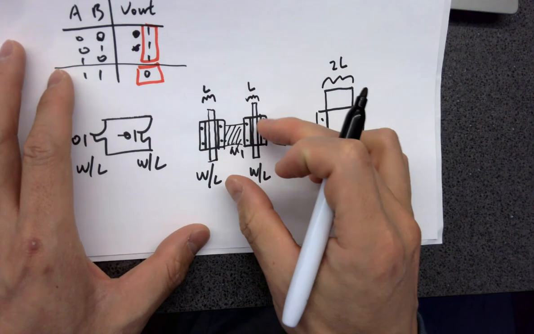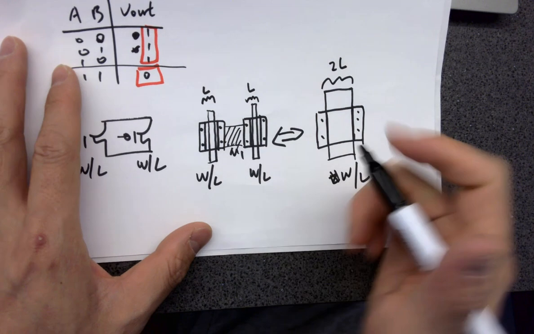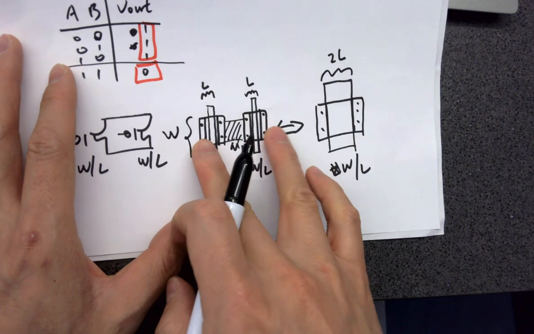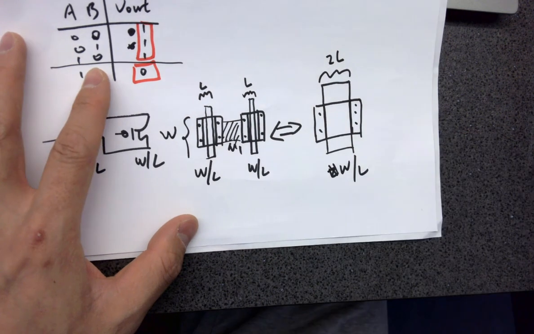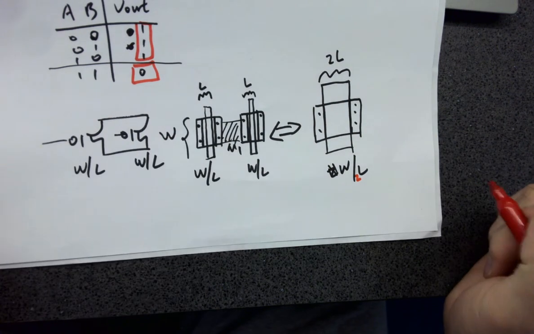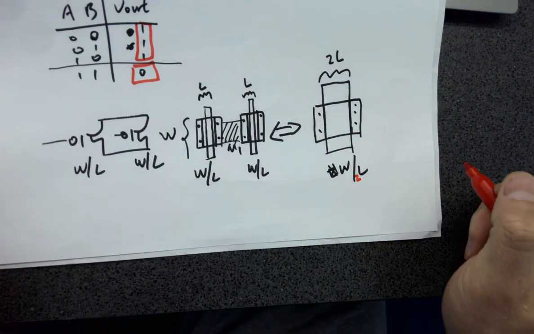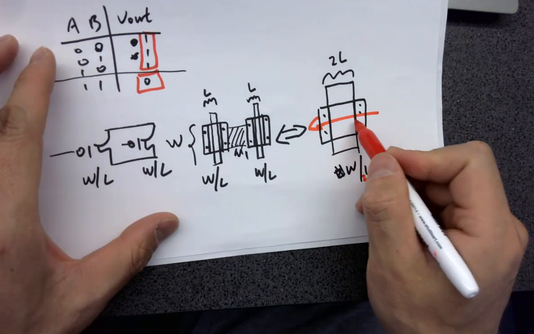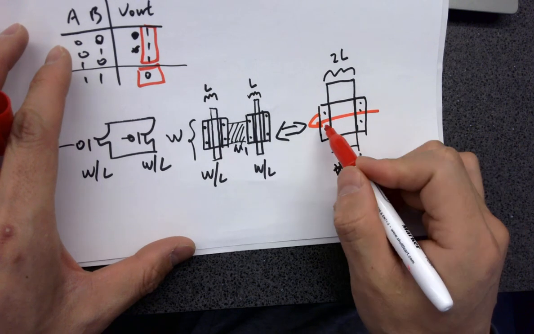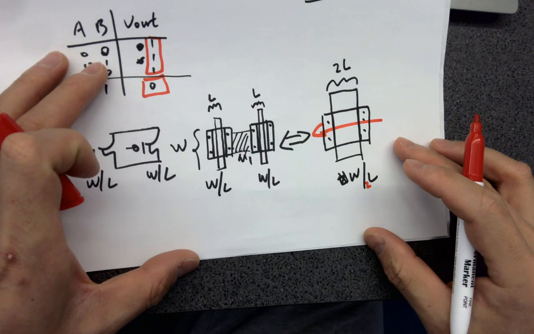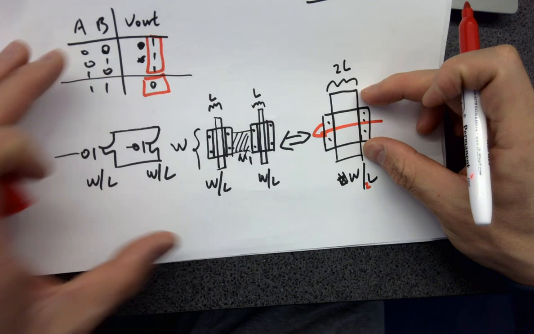Did I change the width? No, because this is the width. Eventually, if I merge these two like this, it's basically giving me W over 2L, because the current flows that way. So that's the length of the trip of the electrons, or holes. That's the width, keep in mind.